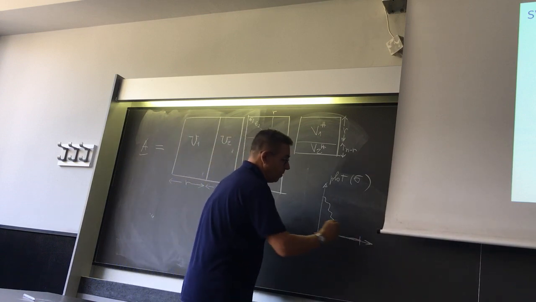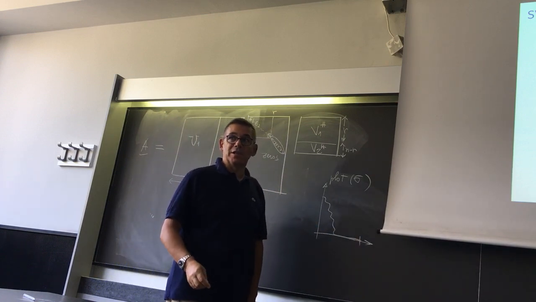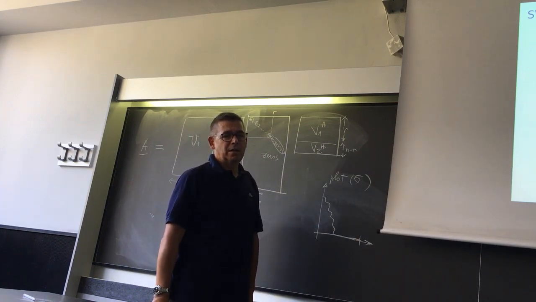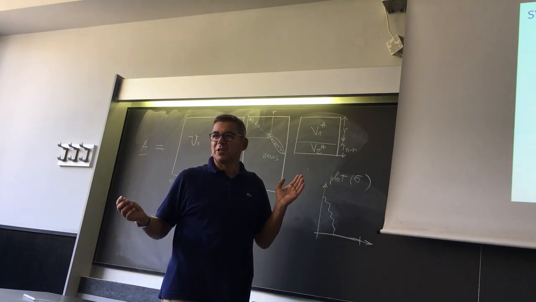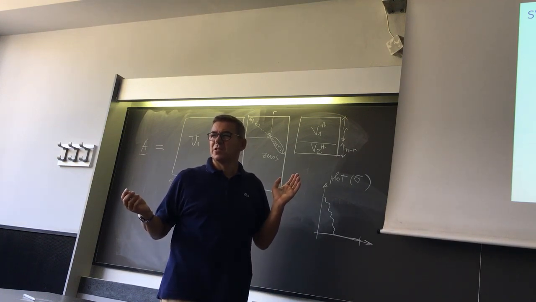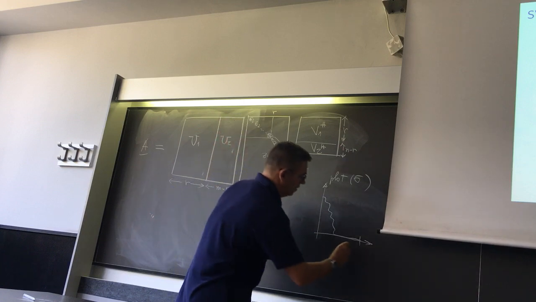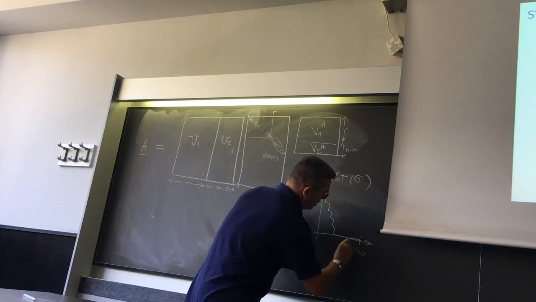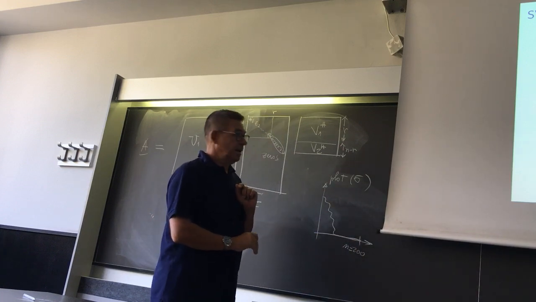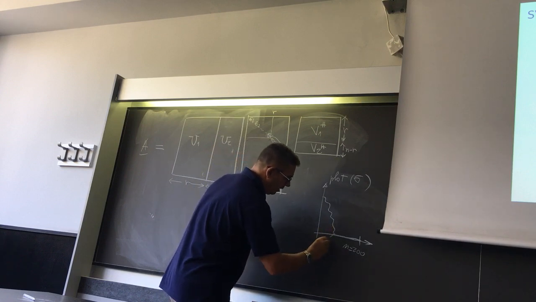Imagine that you do this with MATLAB. How big was the matrix we were working with two days ago? 100? Okay, imagine that M is equal to 100. Then this R can be 30.